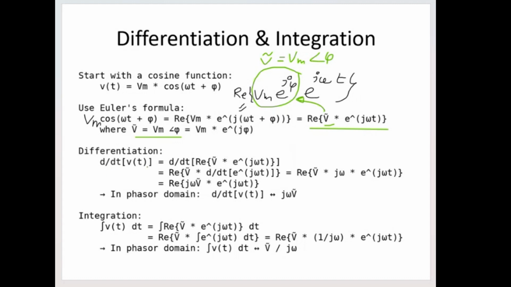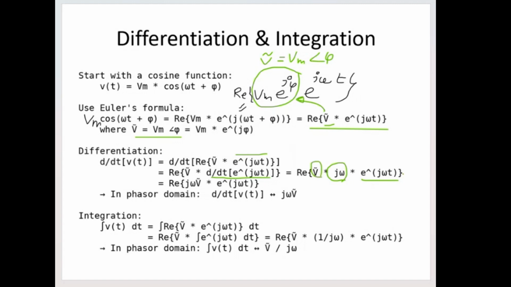The derivative of this time function is the derivative of the real part of phasor times e to the power of j omega t. Remember, the phasor doesn't have any time component, so you don't need to take a derivative of that. That's just a constant or a coefficient. But we're going to take the derivative of j omega t, and the derivative of an exponential is straightforward. It would be just the coefficient of the exponent, j omega, times the exponential, e to the power of j omega t, times the phasor.